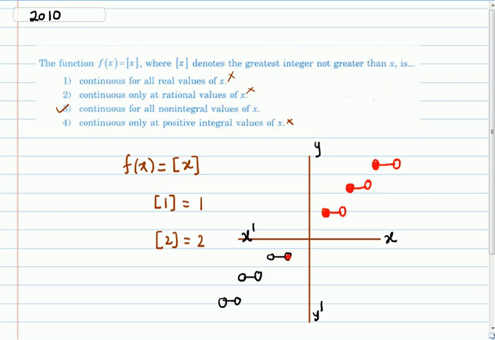You can observe that this function is continuous at the non-integral, decimal values. You can draw the graph without lifting your pen from the paper for the decimals. Hence, for all non-integral values, the function is continuous.